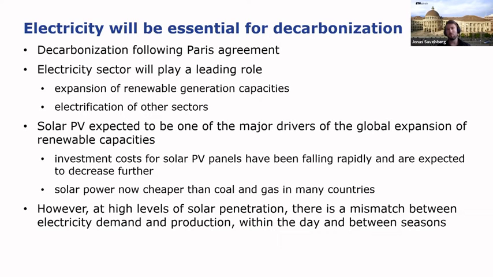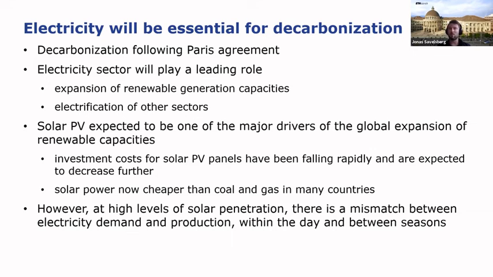And this is due to several factors. The latest IAEA report shows that investment costs for solar PV panels have been falling rapidly and are expected to decrease even further. And in many countries, solar power is now cheaper than coal or gas. So this has a big prospect for the future.